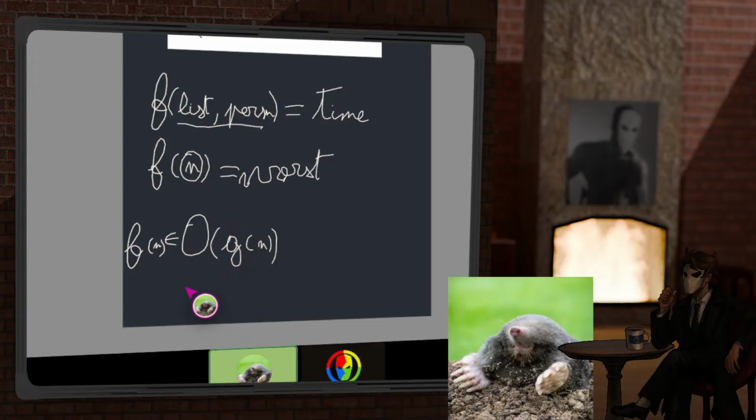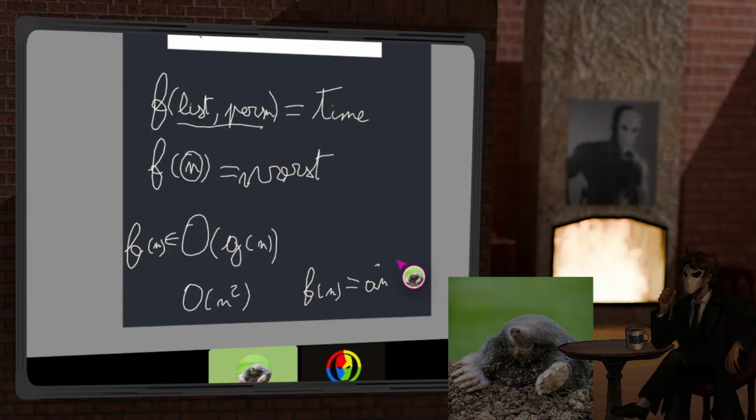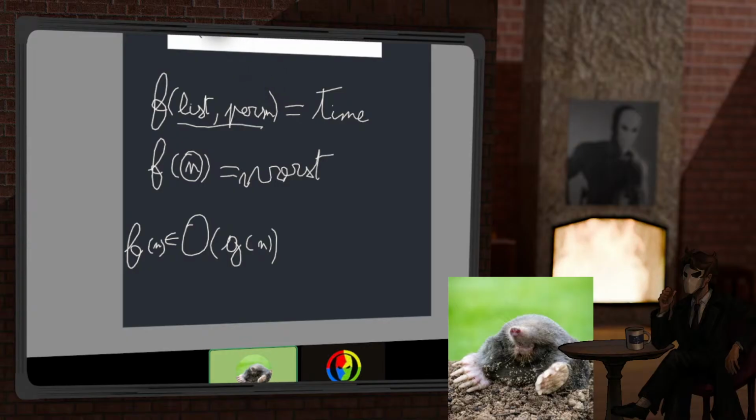For example, if we can show that it is in O of n squared, we know that the function f of n might be something along the lines of a n squared plus b n plus c. So, in what order is it?